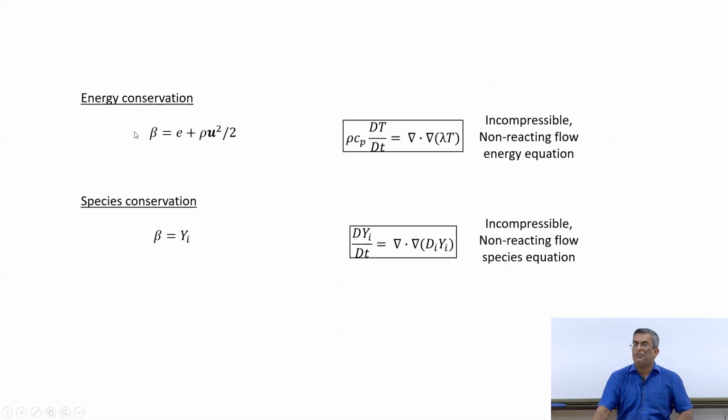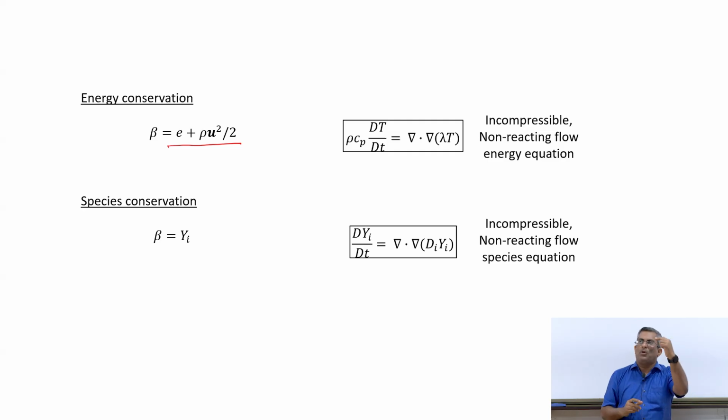For the fluid flow, in case of the energy conservation equation, this is your parameter beta, that is internal energy plus kinetic energy both, and then you introduce that into the Reynolds transport theorem. Now what you get is the rate of change of energy of the system. That will be equal to the heat transfer rate minus the work transfer rate according to the first law of thermodynamics.